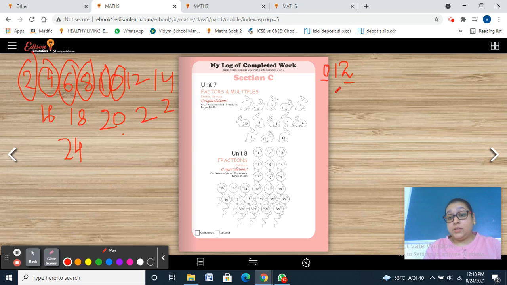Okay, getting this point? Fine. Then 2, 4, 6, 8. So every second number, you can see, every second number is an even number.